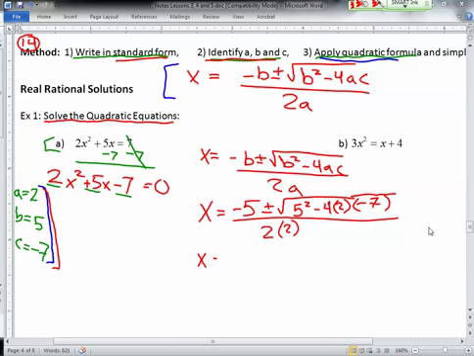So I could say x is equal to negative 5 plus or minus the square root of 25 minus, if I do 4 times 2, that's 8, and 8 times a negative 7, that's going to be a negative 56, so I put that in parentheses. And that's going to be divided by 2 times 2, which is 4.